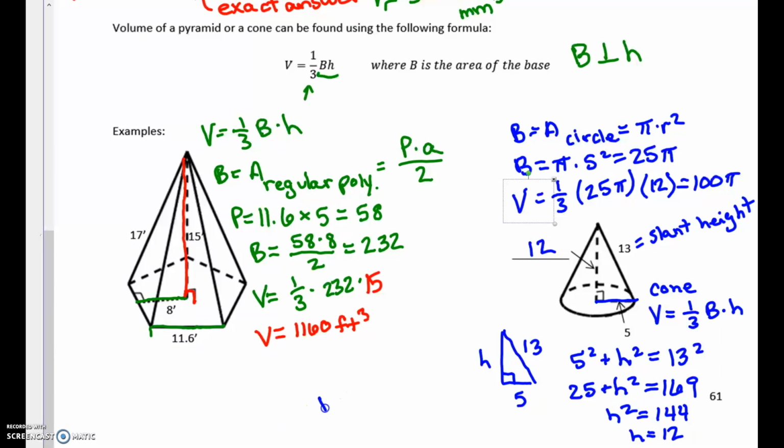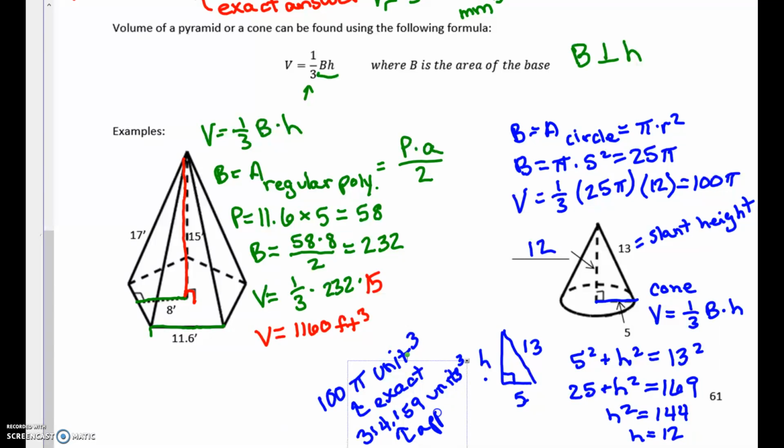So 100 pi units cubed is my exact answer. Whereas if I want the approximate, I plug into my calculator and I round. I'd get 314.159 units cubed, and this would be my approximate answer or rounded answer, right?